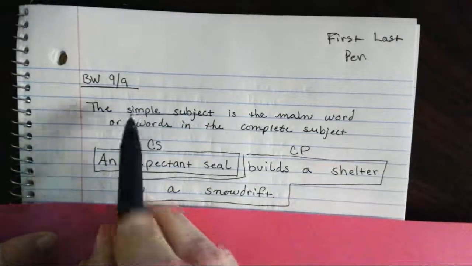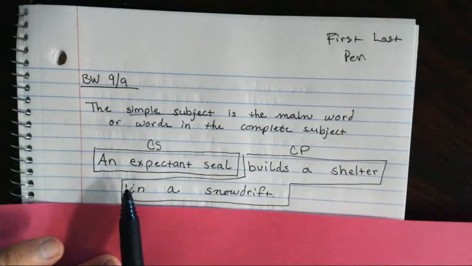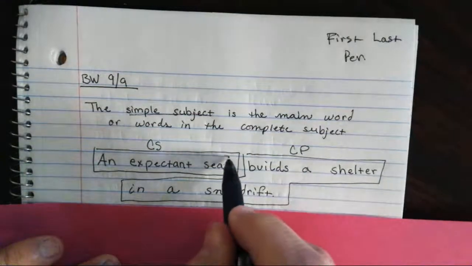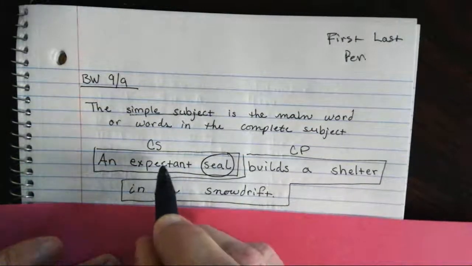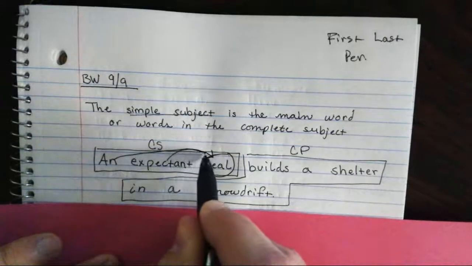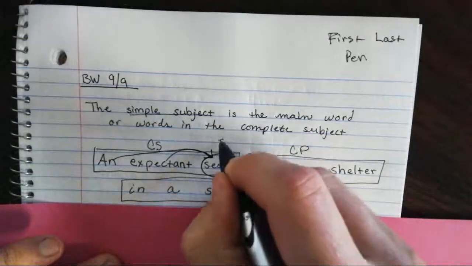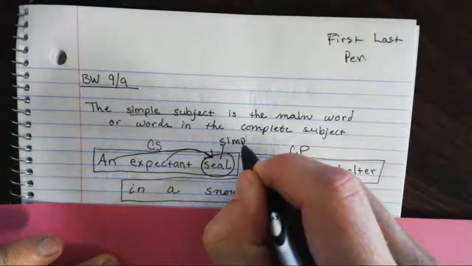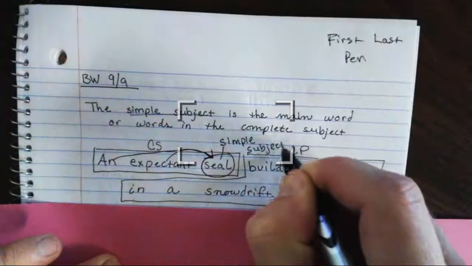Okay, simple subject is just the one word or words that the sentence is about. So here, what is this sentence about? It's about a seal, right? Granted, we have the words an expectant seal, but these are all words that help describe our simple subject. So here, seal is our simple subject.